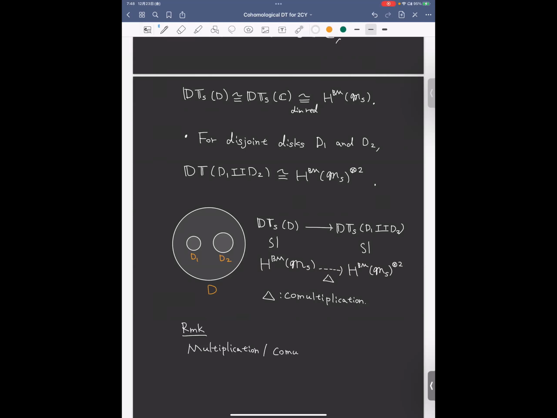Multiplication and co-multiplication can be defined also for the Borel-Moore homology of M semi-stable with fixed reduced Hilbert polynomial, with the same construction.